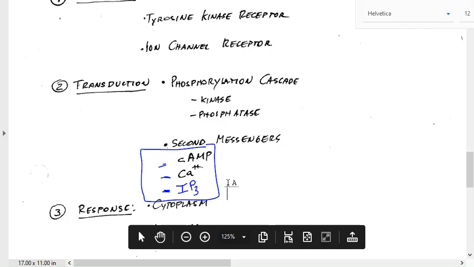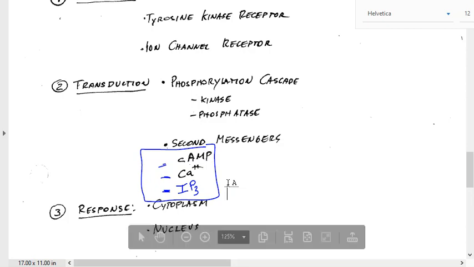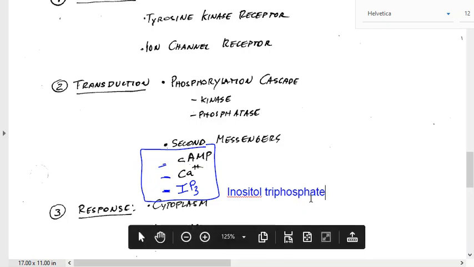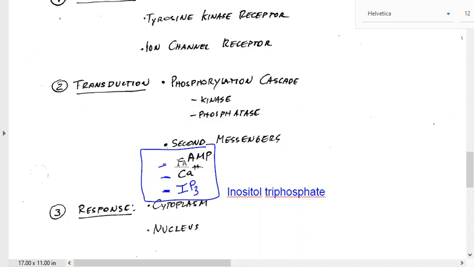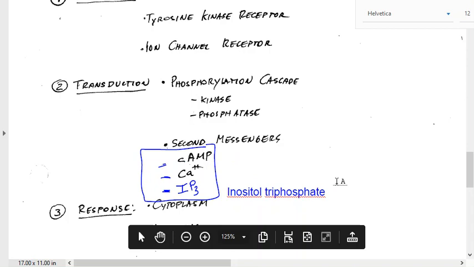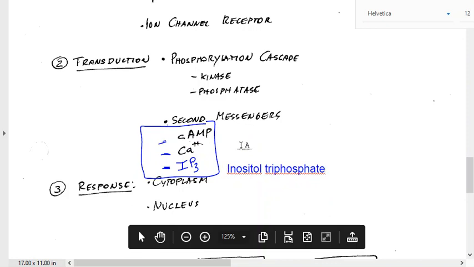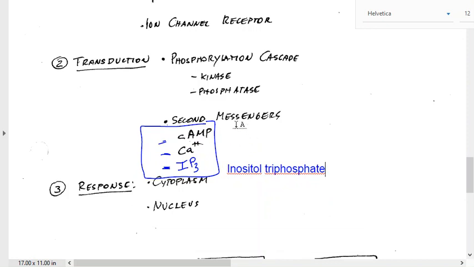It's inositol triphosphate. It's another second messenger, but whenever you see these, I just want you to say, oh, I recognize that as a second messenger. It's going to be involved in a phosphorylation or signal cascade in some kind of cell response. That's all I want you to take away from these second messengers. I want you to see them. Boom, that's a second messenger. All right.